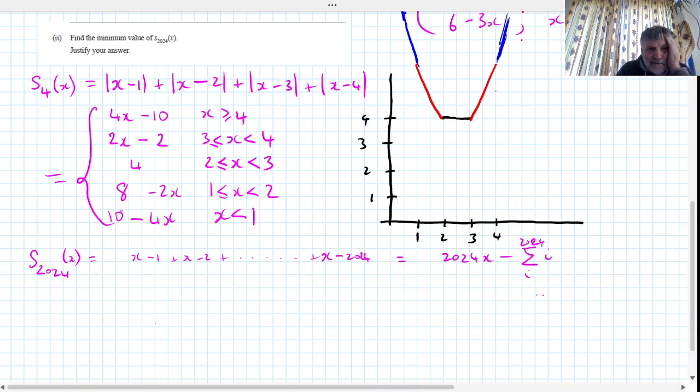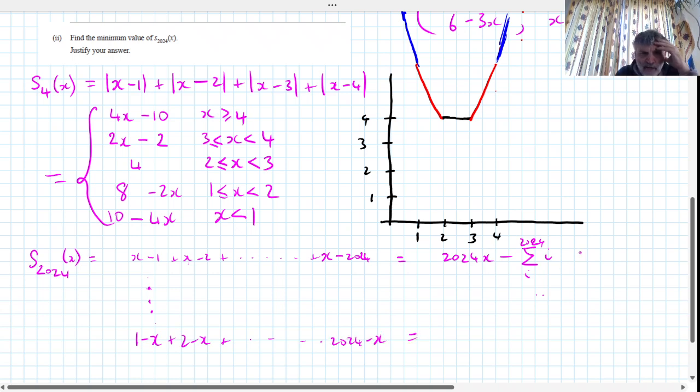Similarly, you're going to get 1 minus x plus 2 minus x plus all the way up to 2024 minus x.